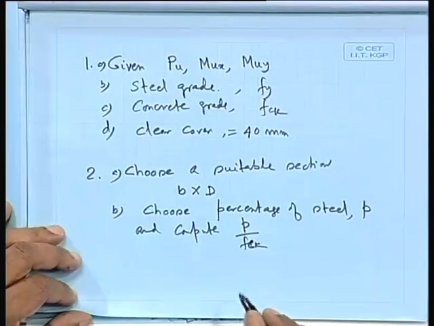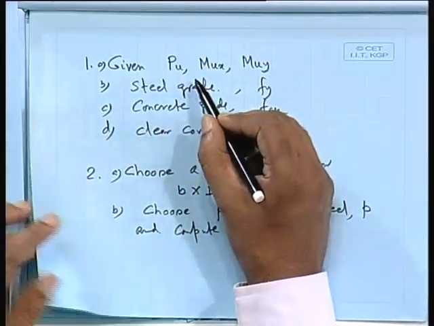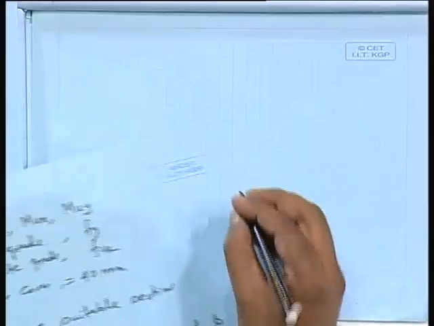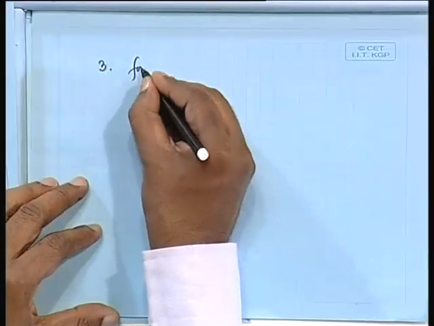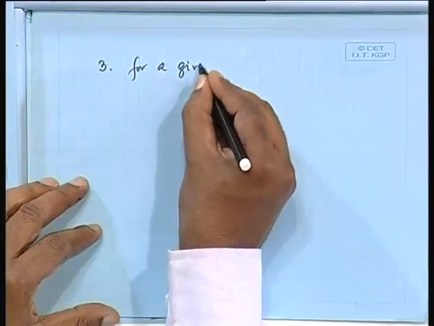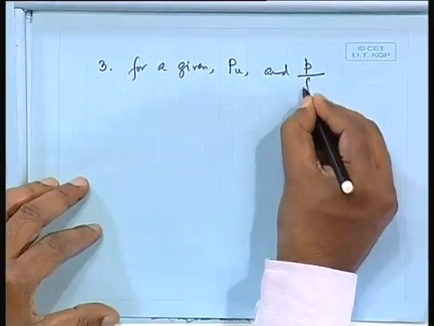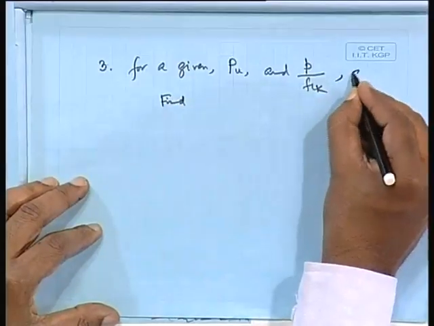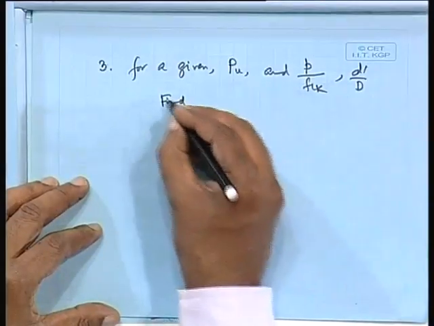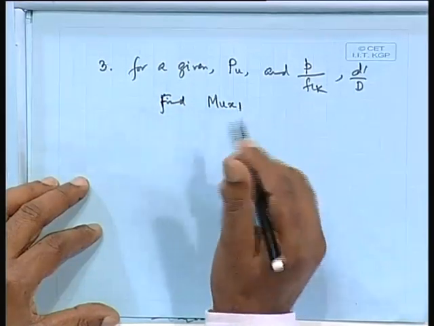What we can do now, since I know Pu, for a given Pu and P by FCK, and also D dash by D, find Mux1. What does it mean?